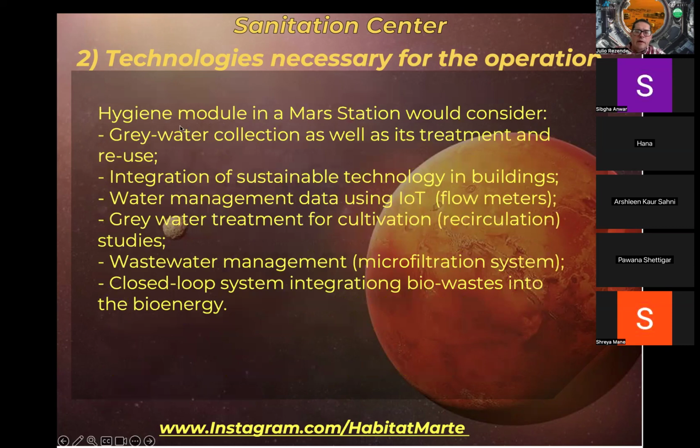We can see a hygiene module to support the station. It would be important to consider gray water collection as well as treatment, the integration of sustainable technologies in the building, and water management data using IoT.